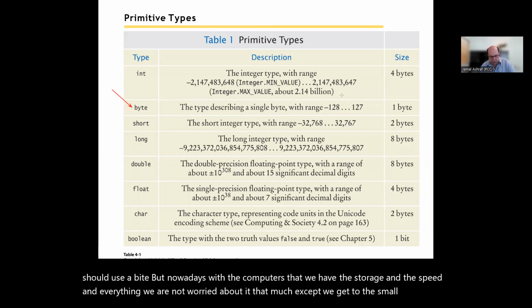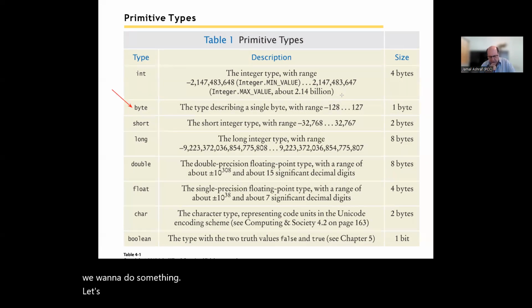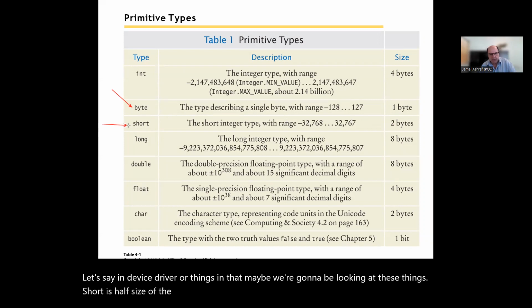Like if we want to do something, let's say in a device driver, maybe we're going to be looking at these things. Short is half the size of the int, so that's much smaller if we are concerned about the storage. And long is double the int, and we'll talk more about that.